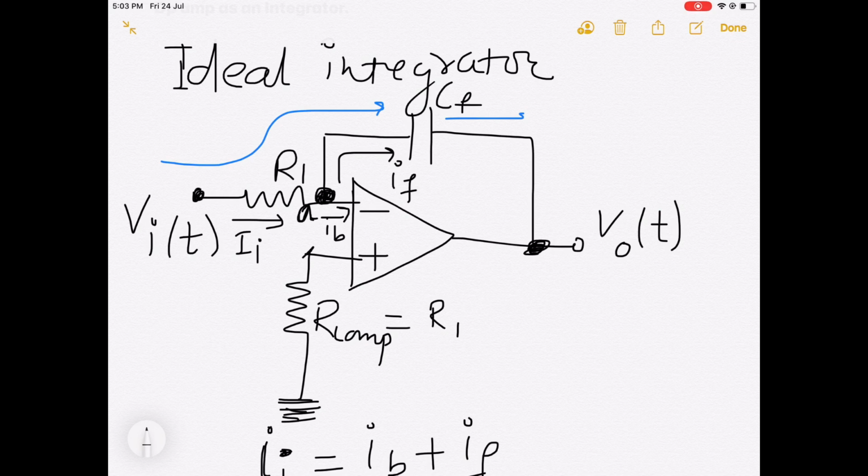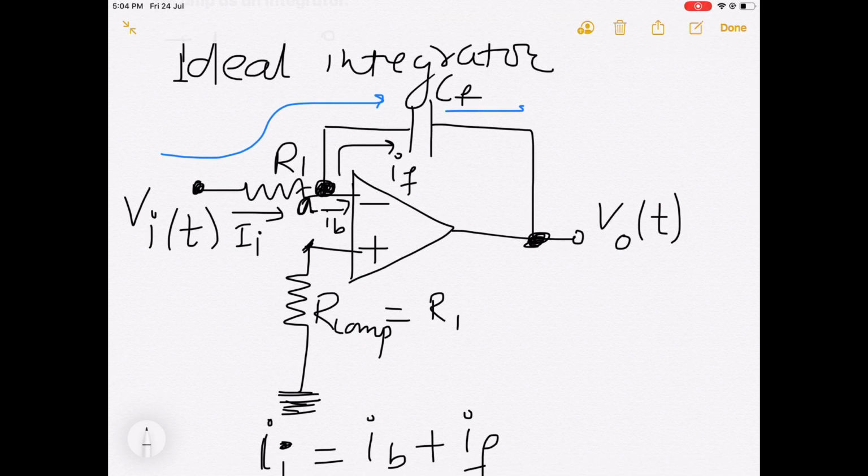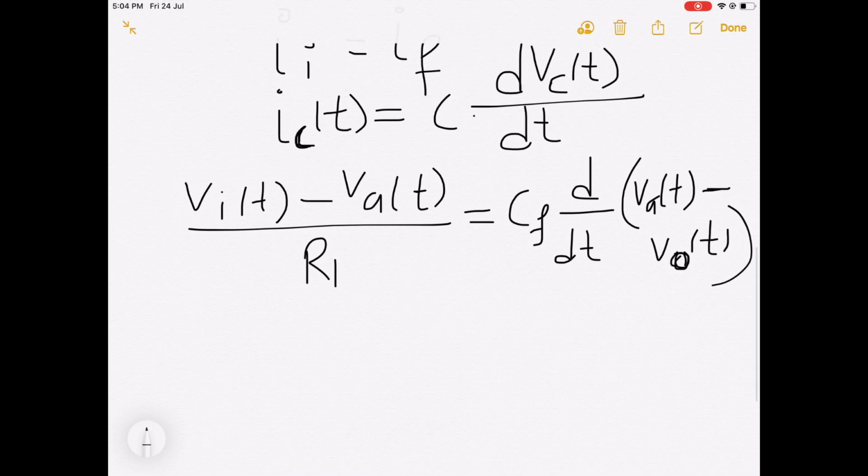Okay. Now by the virtual ground concept, this terminal is connected to ground. That's why this terminal voltage is at 0 potential. So the voltage at point A is also at 0 potential. So here in this equation we can keep Va of t equal to 0. Now again rewrite the above equation.